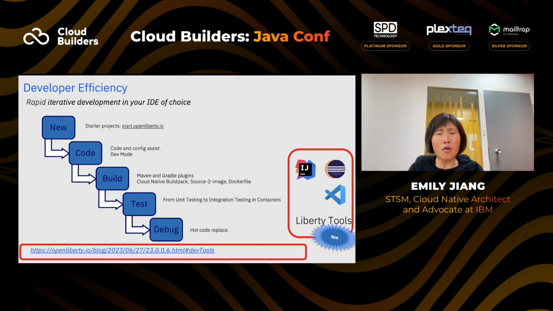It has a starter at OpenLiberty.io, and also provides a code config assistant, and helps you with the Maven Gradle build, and also with the Docker image and the testing framework. It also gives you the dev mode, so you can code along and see the changes straight away while doing anything else. So I will do a quick demo very soon.